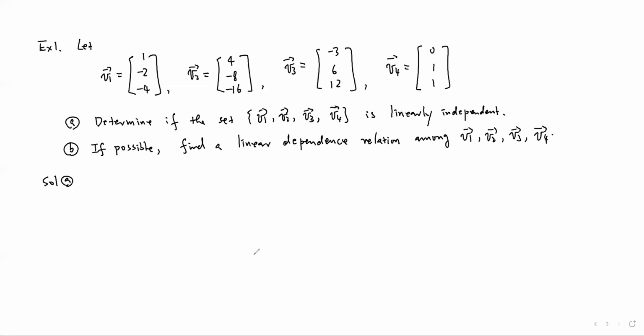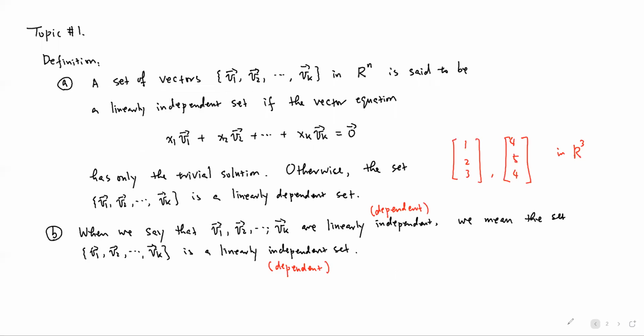Determine if the given set is linearly independent. Go back to the definition. Definition says that we need to solve this equation. If this equation has non-zero solution, linearly dependent. Otherwise, linearly independent.